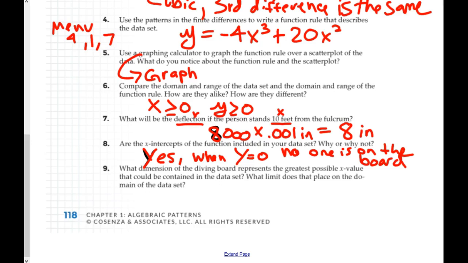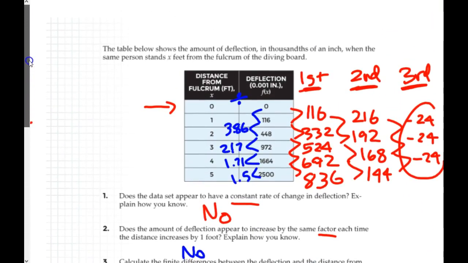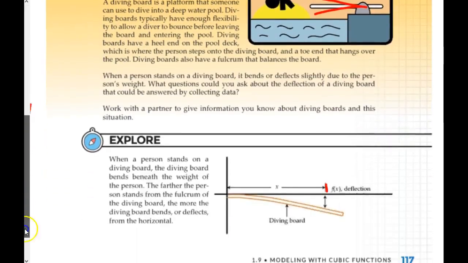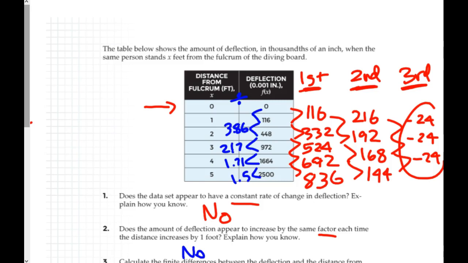What dimension of the diving board represents the greatest possible x value that can be contained in the data set? What limit does that place on the domain? So how long is this board? Did it tell us over here? I don't think it did.